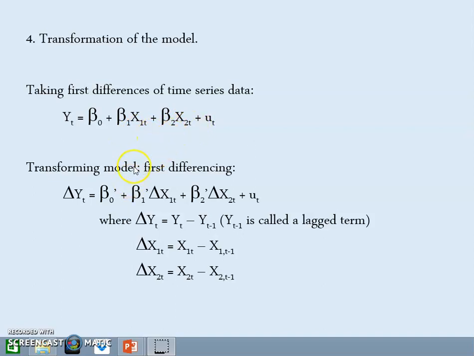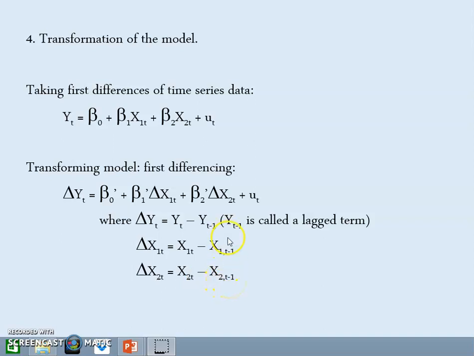So what we can do is use first differencing, meaning that we subtract from each term its previous value, or lag. So yt minus yt minus 1, x1t minus x1t minus 1, x2t minus x2t minus 1.